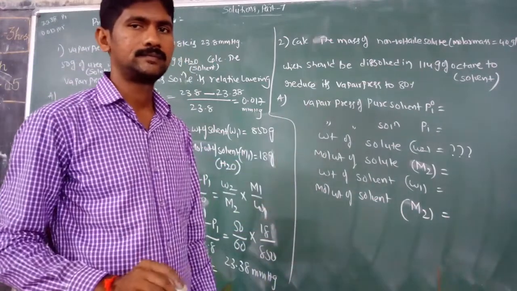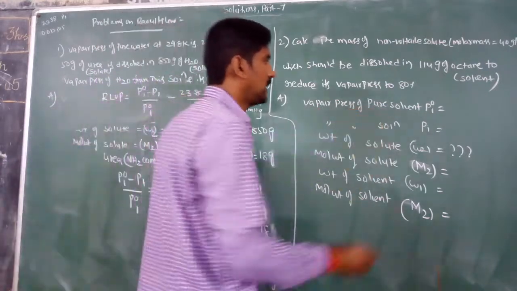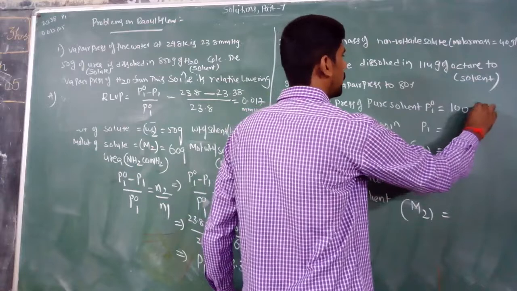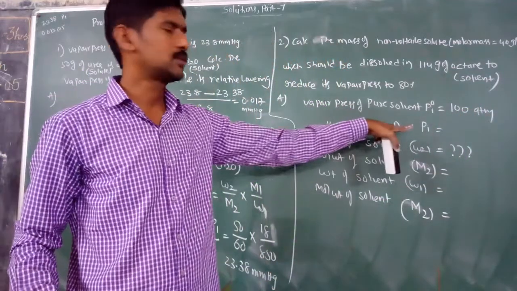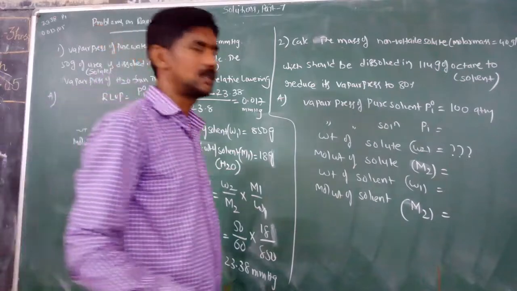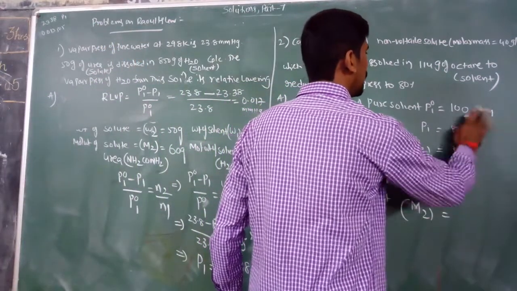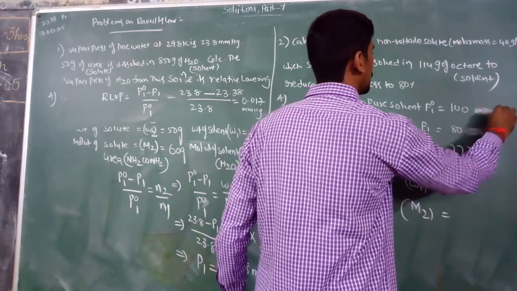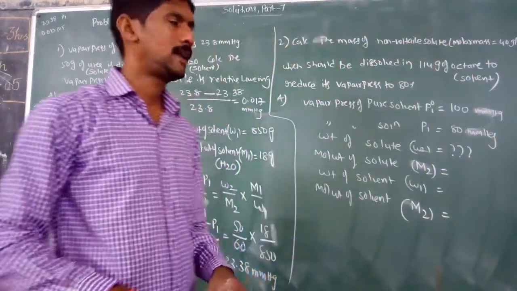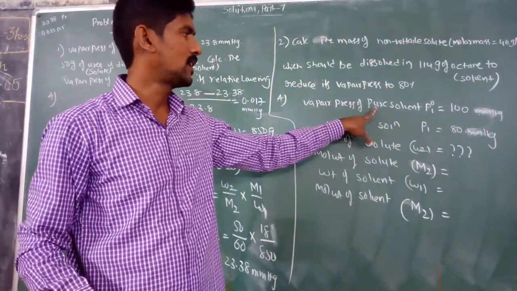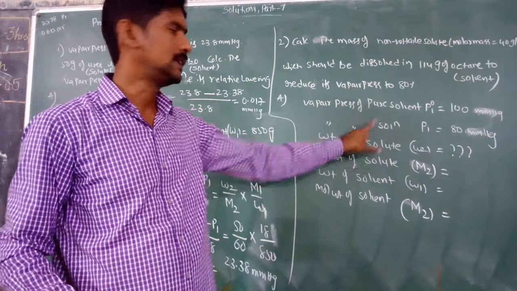Percentage means per 100. Suppose the vapor pressure of pure solvent is 100 mm of Hg. What is the vapor pressure of solution? It is reduced to 80%, so 80 mm of Hg. Taking the vapor pressure of pure solvent as 100, the vapor pressure of solution reduced to 80% means 80.